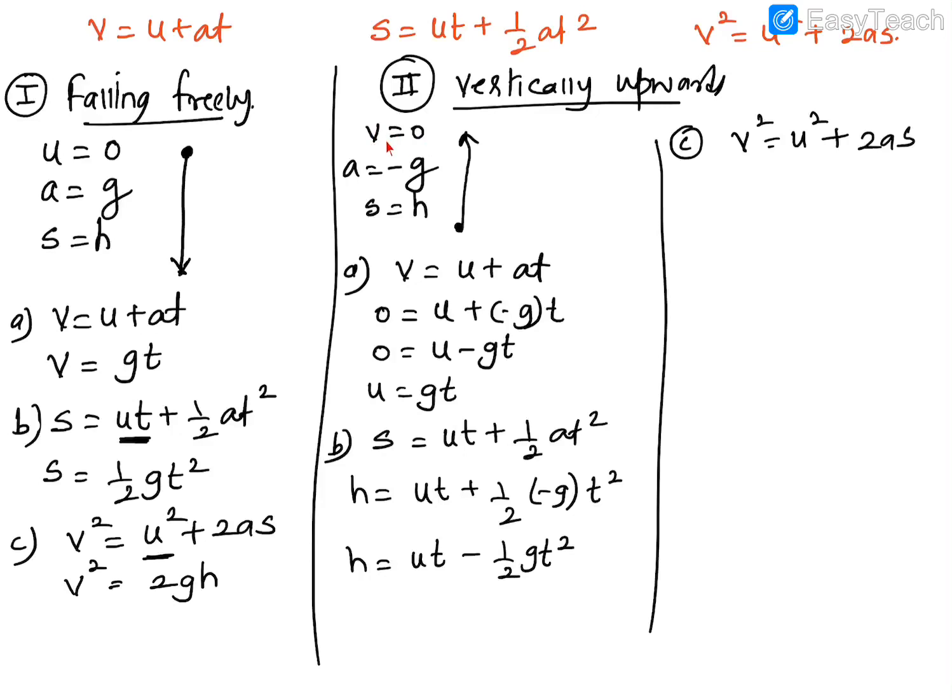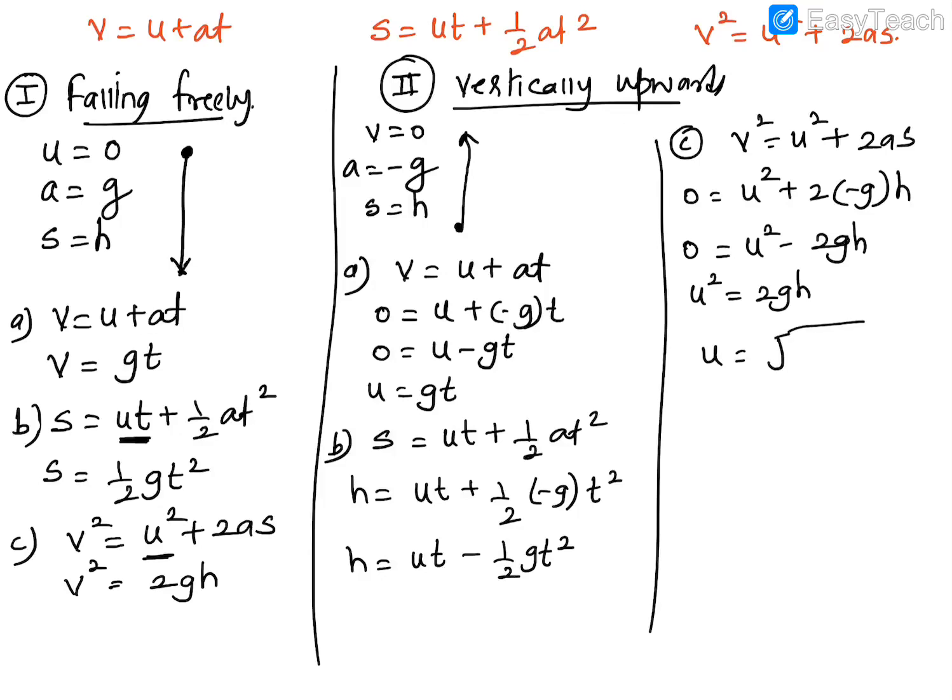See here, notice, V is equal to 0, which is equal to u squared plus 2as. a is equal to minus g. s is equal to h. 0 is equal to u squared minus 2gh. u squared is equal to 2gh.